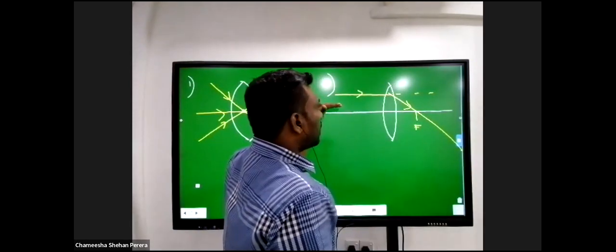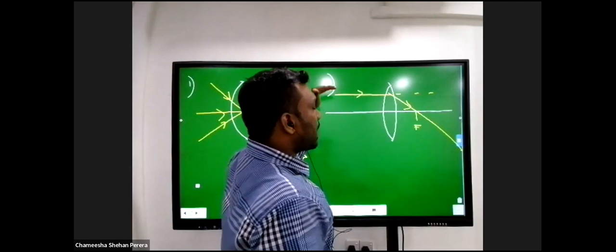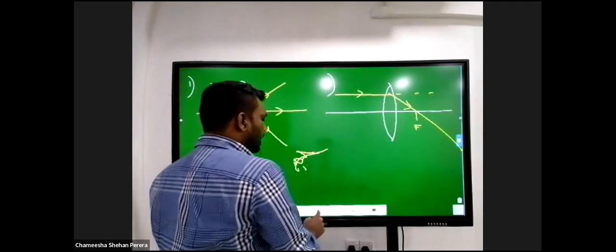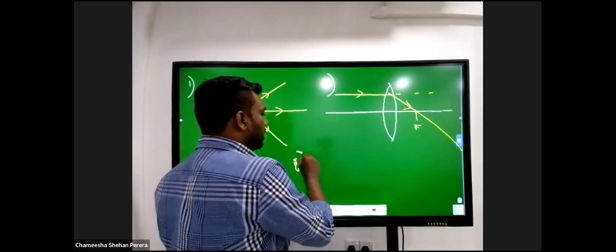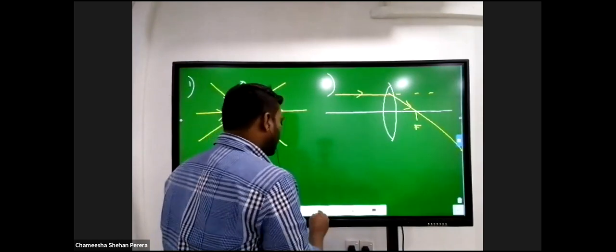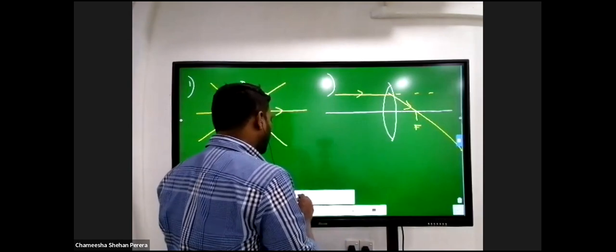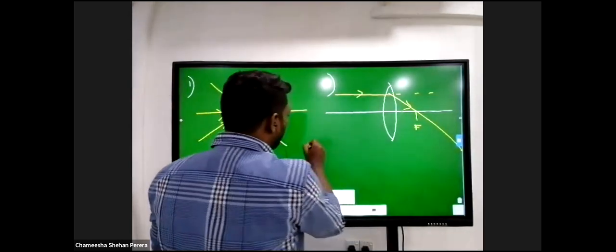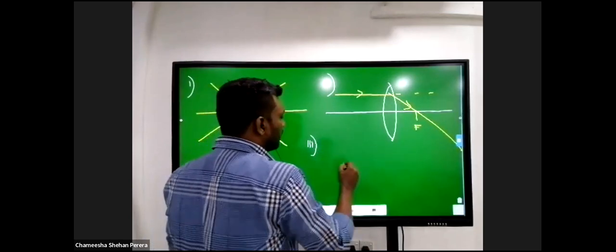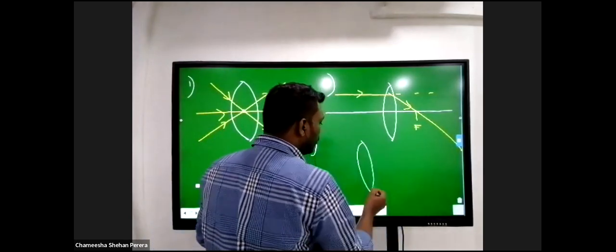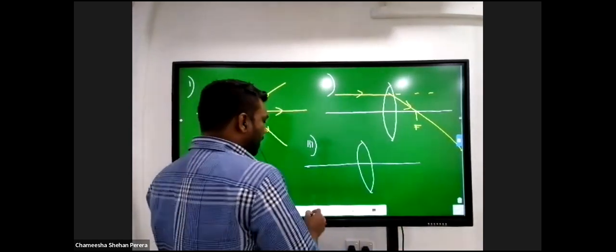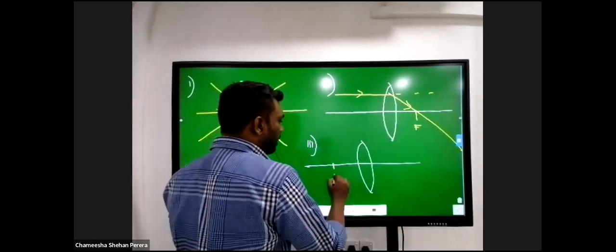If the light ray reaches the convex lens parallel to the principal axis, the light ray gets refracted and then travels through the focal point. So the next law has to be the reverse of this law, right? The third one should say: you have the convex lens, you have the principal axis, and the focal point here.